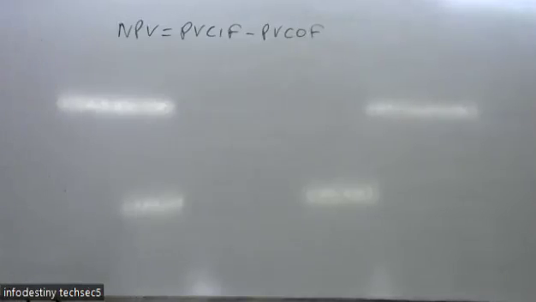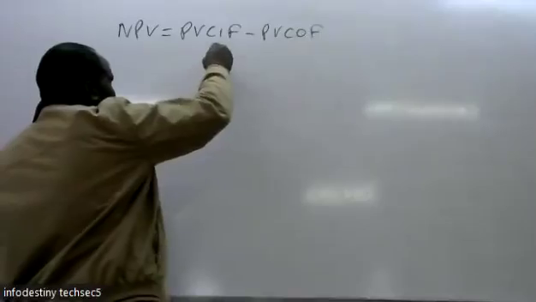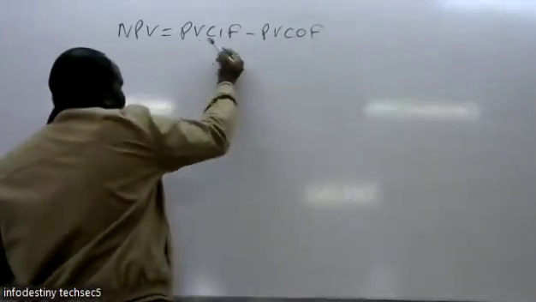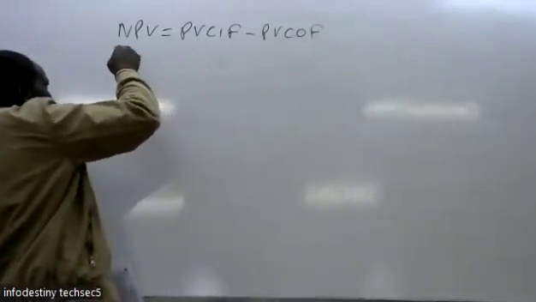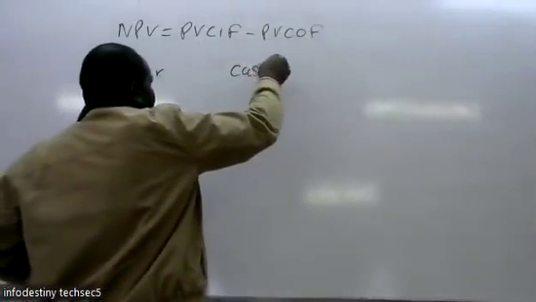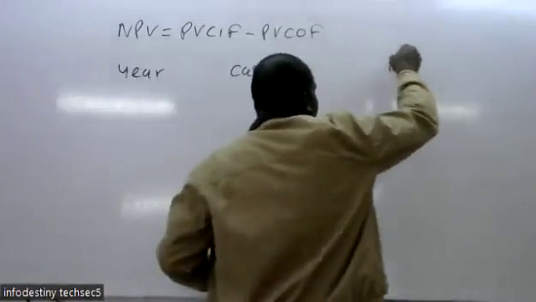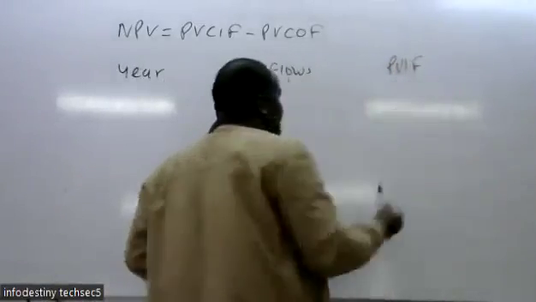So we start off with the present value of the cash inflows. There is the year, then cash flows, then the present value interest factor.